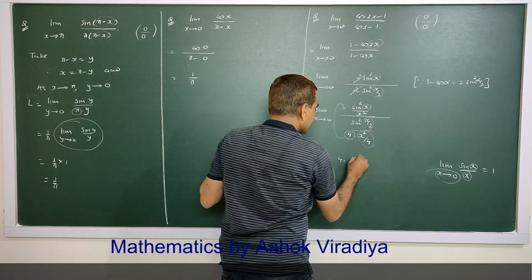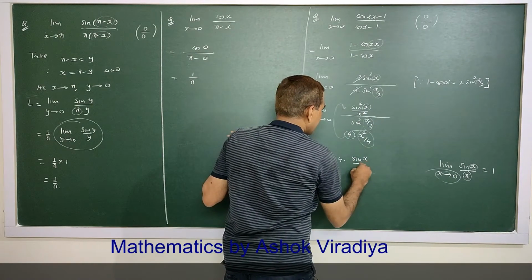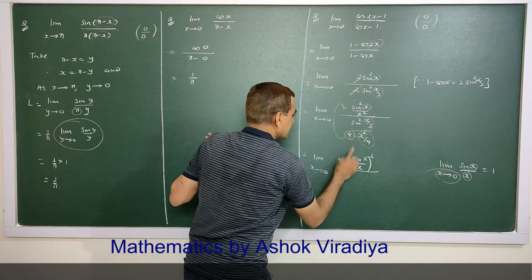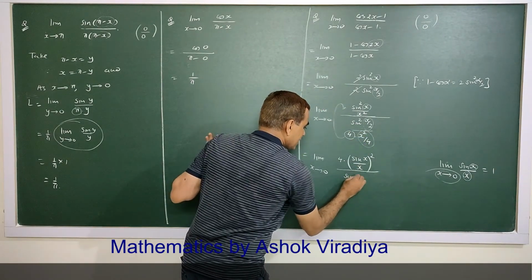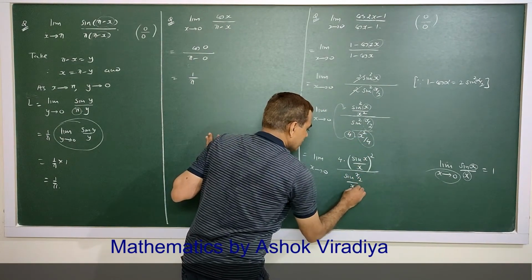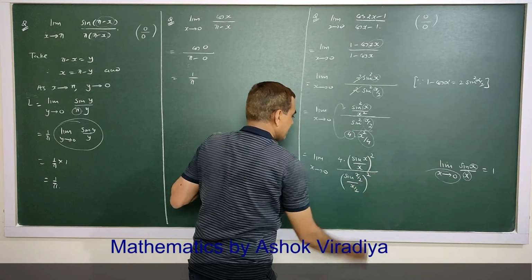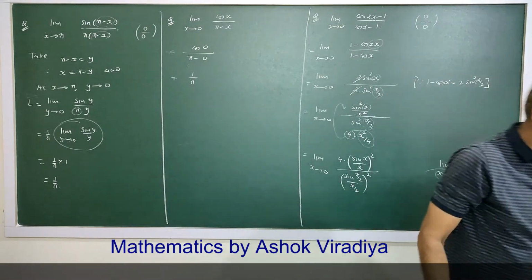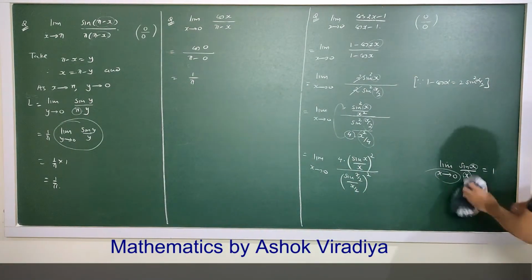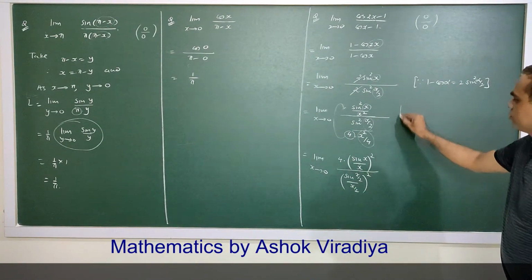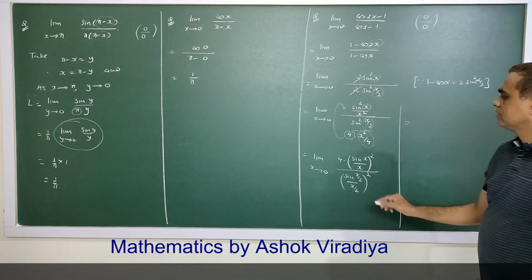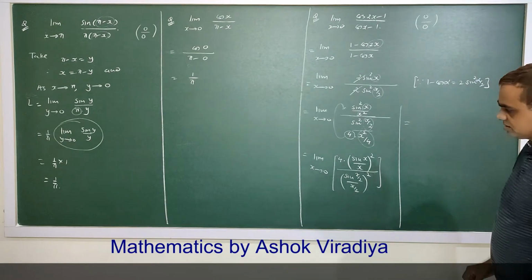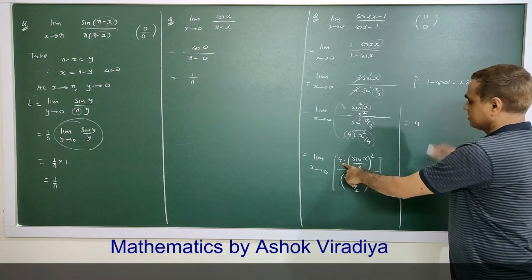Now this can be written as sin x upon x whole square upon, here this can be written as sin x by 2 upon x by 2 whole square. Now we take the limit inside. By the working rule of limit, this is limit of f upon g. K we take outside.